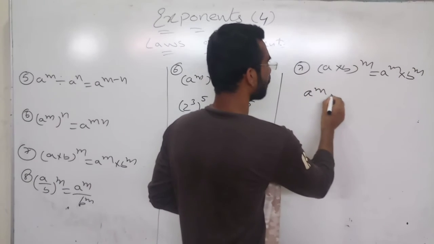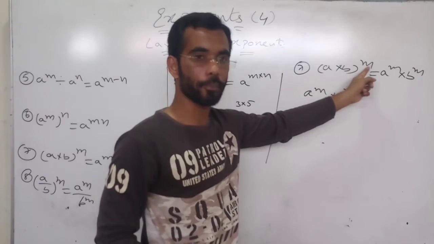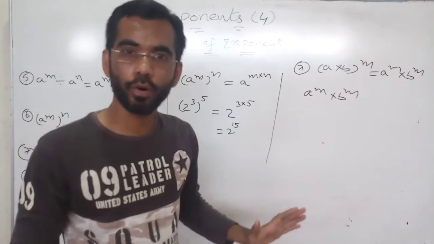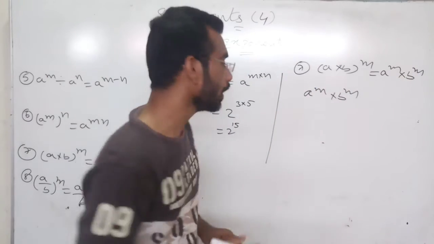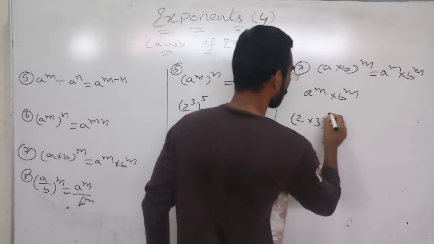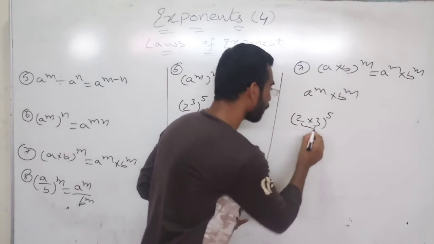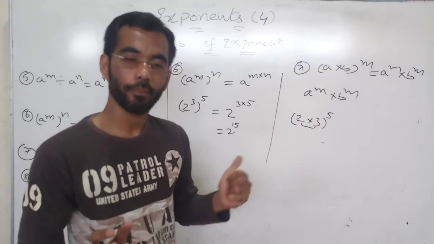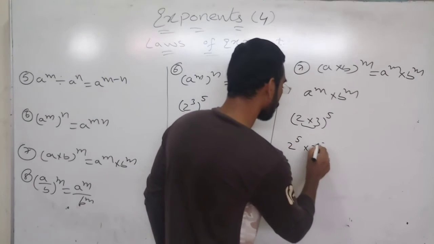a power of m into b power of m. Why? Because this power m is common for both the bases, for a and b. Example, 2 into 3 power of 5. How can we write? These bases are different, so it can be written as 2 power of 5 into 3 power of 5.